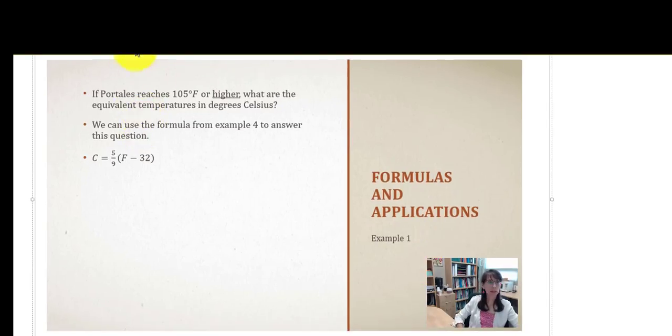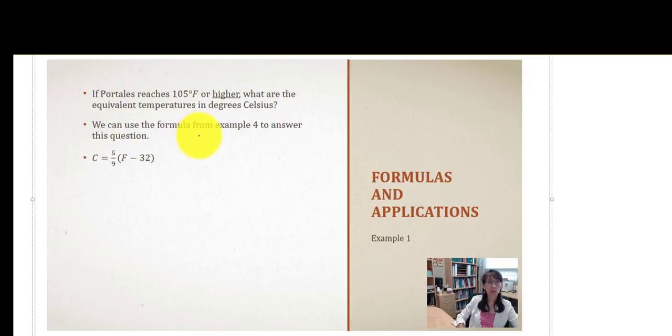We do have a couple of application problems to help us see how we ever would use literal equations. If Portalis reaches 105 degrees Fahrenheit or higher, what are the equivalent temperatures in degrees Celsius?